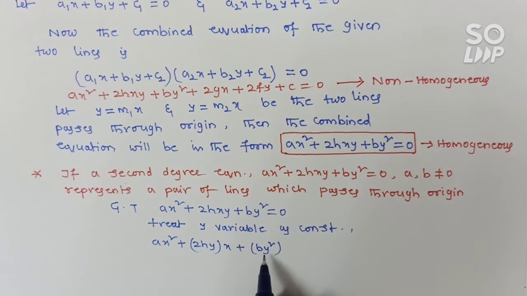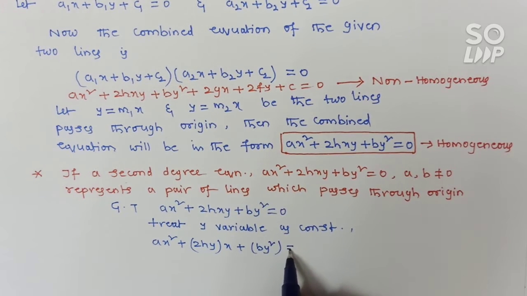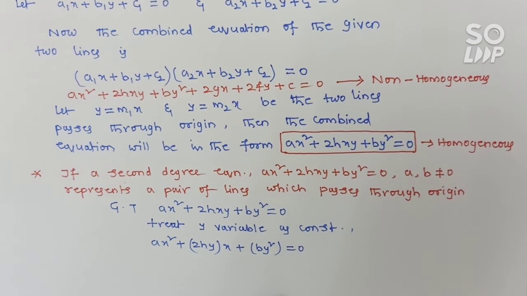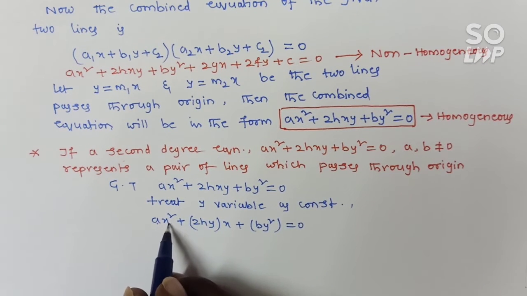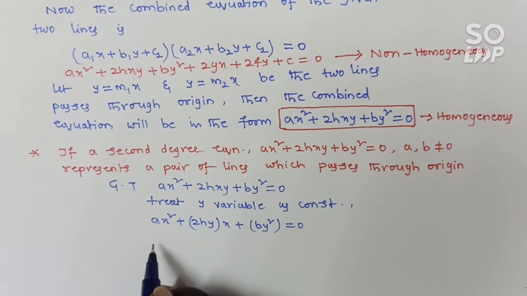Here b is the constant and y square is constant. So totally this term is the constant. Now this equation is in the form of ax square plus bx plus c.